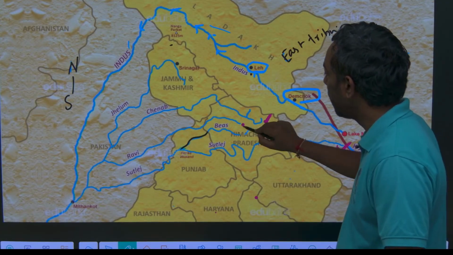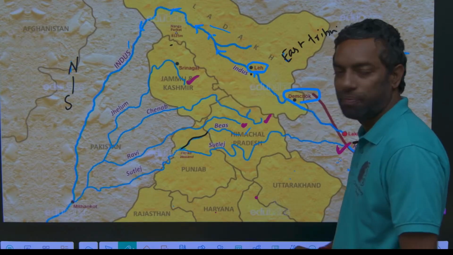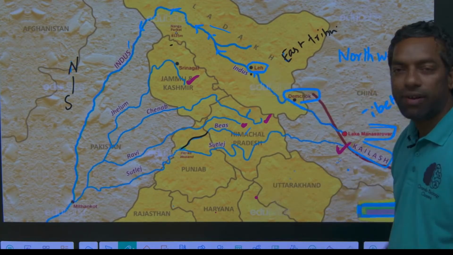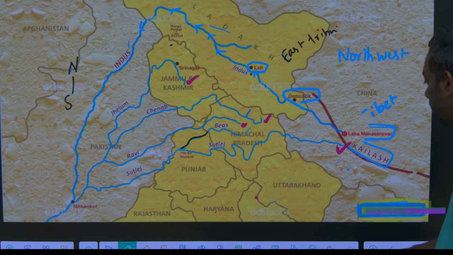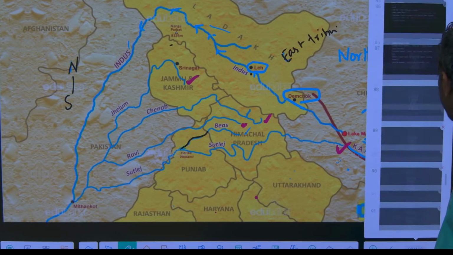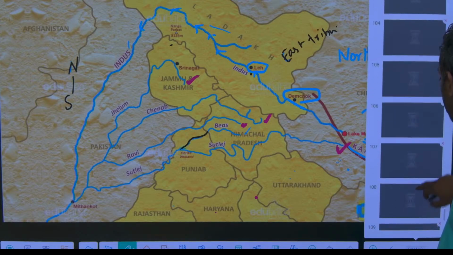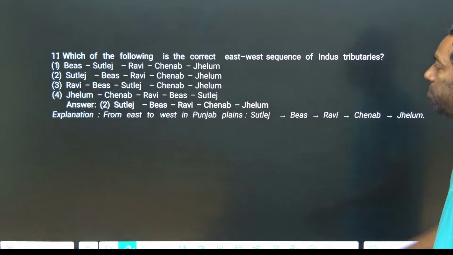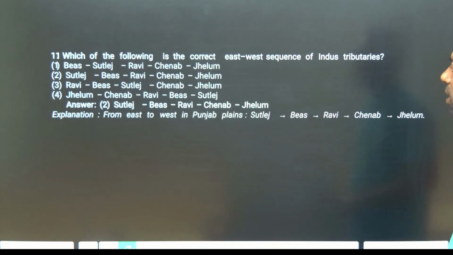After that, Ravi. After that, Chenab and Jhelum. Okay, north to south they can also ask you sometimes. Just look at it: Satluj, Beas, Ravi, Chenab and Jhelum.